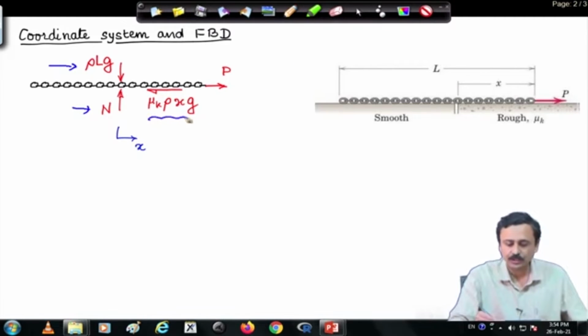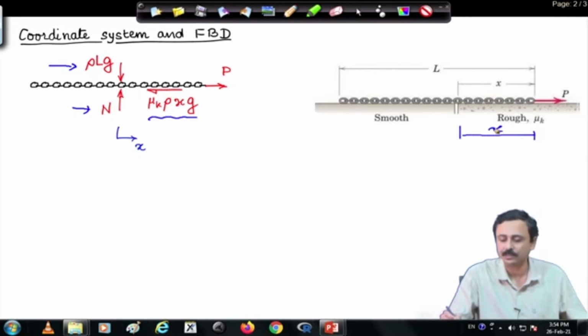But this friction force mu k times rho x g, why this rho x g? Because it is only part of this chain that is facing the friction. How much?